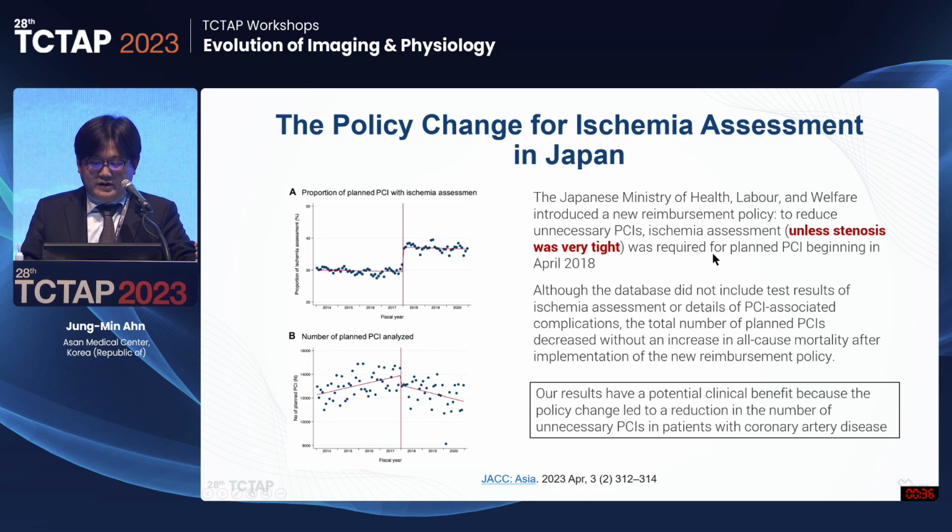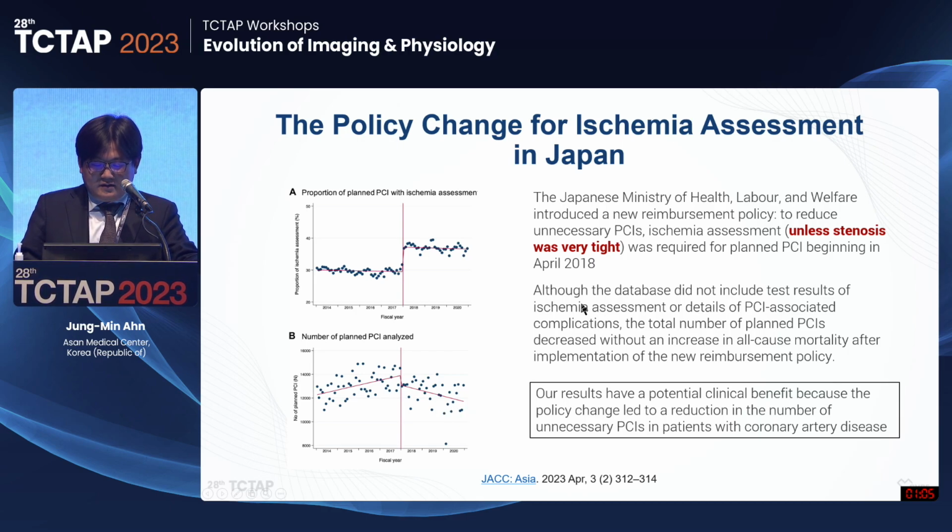Ischemia assessment was required, unless the stenosis was very tight. As far as I know, less than 80% diameter stenosis was required for planned PCI beginning in April 2018. Comparing before and after the policy, ischemia assessment rapidly increased and the number of planned PCI rapidly decreased.